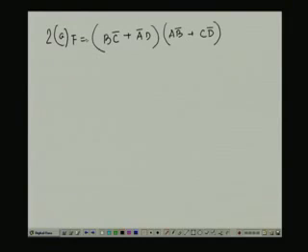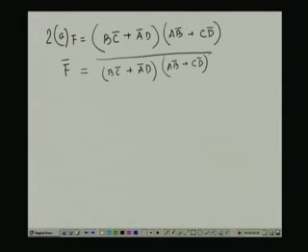Now, I have to compute the complement. So, if I take the complement f bar, then it will be the full bar, that means B C bar plus A bar D into A B bar plus C D bar, the complement of the whole thing.